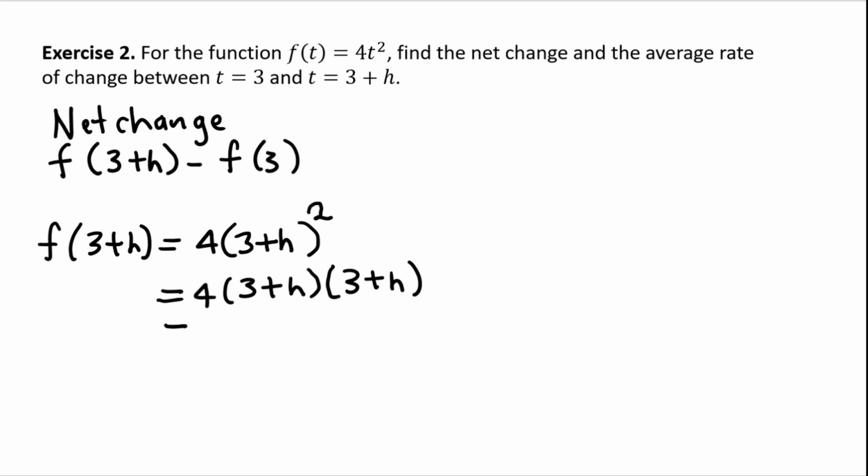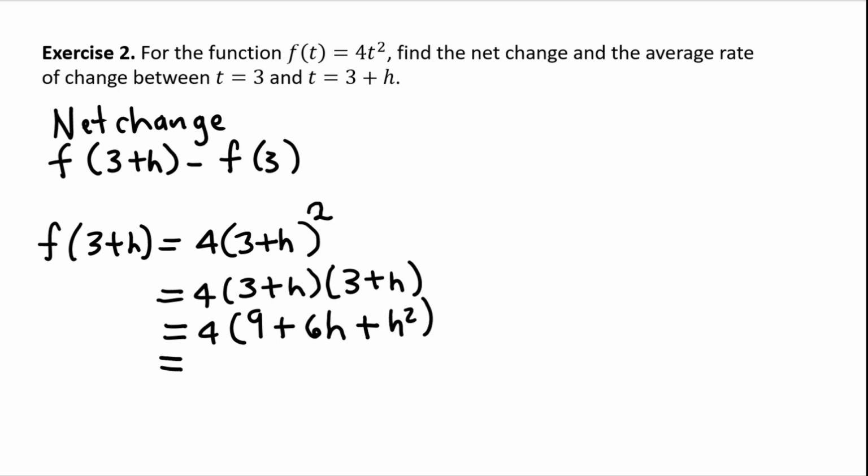And let's continue. This will be 4 times. Multiply the first terms together. 3 times 3 is 9. The sum of the product of the inside terms, which is 3h, plus the outside terms is 3h. That would give us 6h plus, and then h times h is h squared.